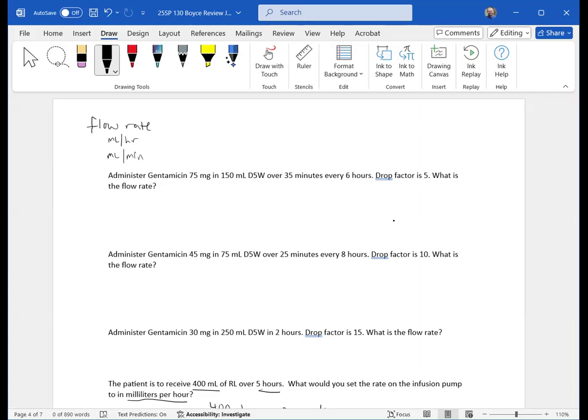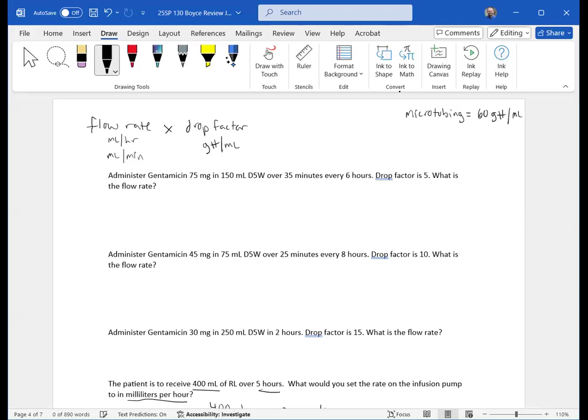You also need to know the drop factor. The drop factor is typically going to be given to you. The only time it might not be given is if they tell you it's microtubing. Microtubing means 60 drops per ml, and drop factor is a measurement of GTT per ml. So I'm going to write a little note here: microtubing is 60 drops per ml.